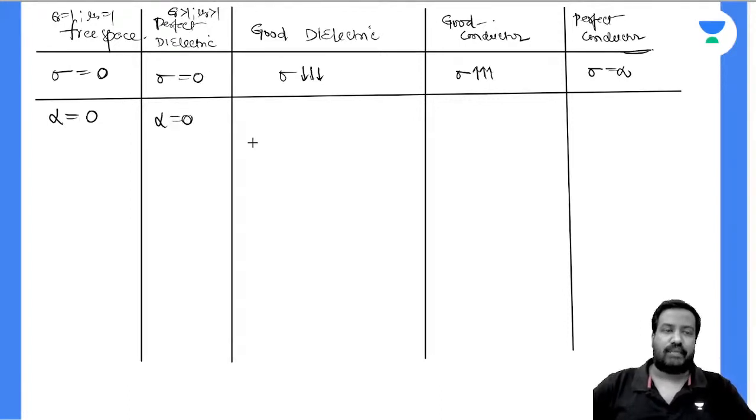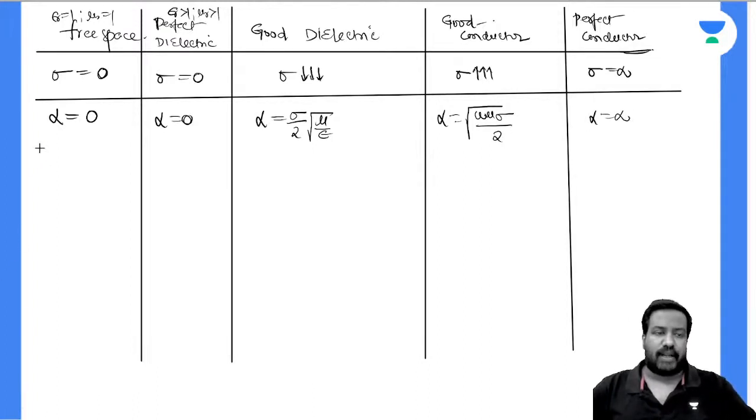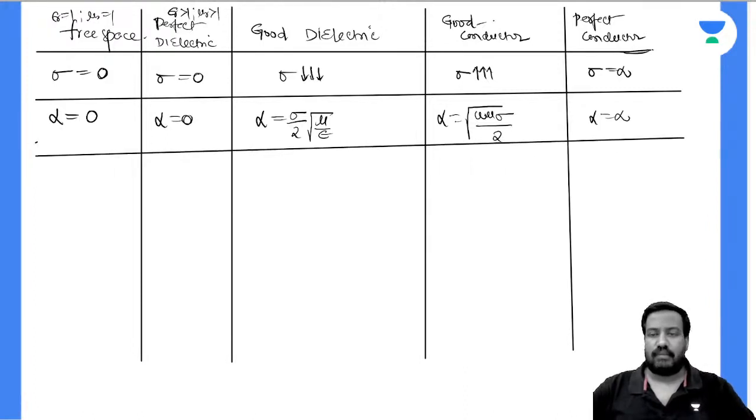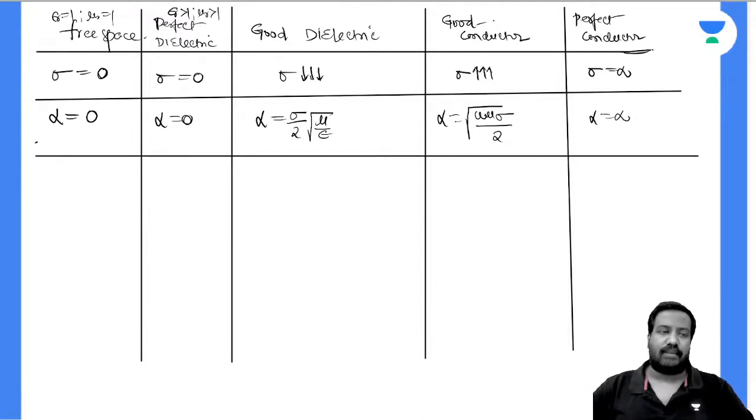Perfect dielectric, no attenuation, 0. Good dielectric, yes, there will be some attenuation but very small. It depends on sigma: sigma by 2 into under root of mu by epsilon. Good conductor, alpha is under root of omega mu sigma by 2. Perfect conductor, sigma is infinity, alpha is infinity. Attenuation is infinity. Therefore, it cannot pertain. In a perfect conductor, the wave will undergo infinite attenuation. That's why a wave cannot exist in perfect conductors.